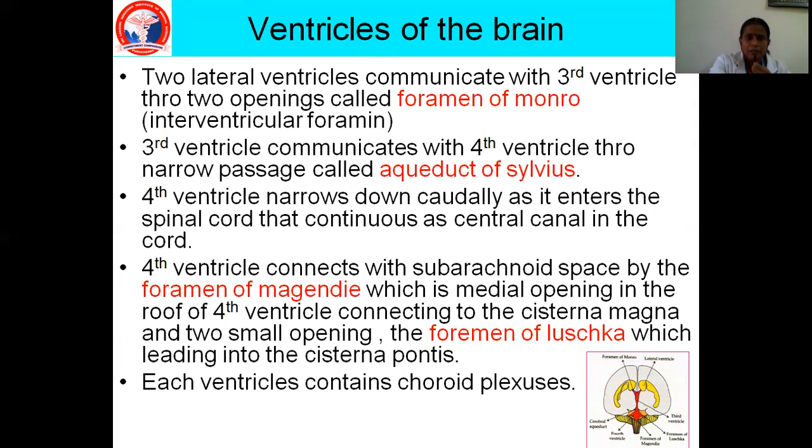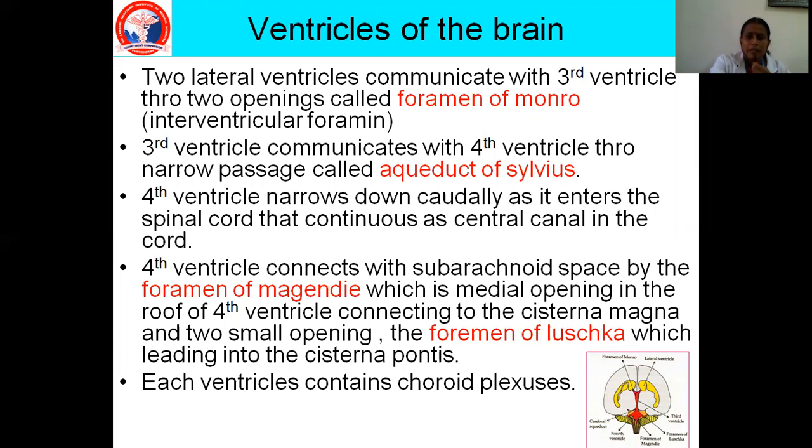As it enters into the spinal cord, it continues as a central canal in the spinal cord. And this fourth ventricle connects with the subarachnoid space by the foramen of Magendie, which is the medial opening in the roof of the fourth ventricle connecting to the cisterna magna.